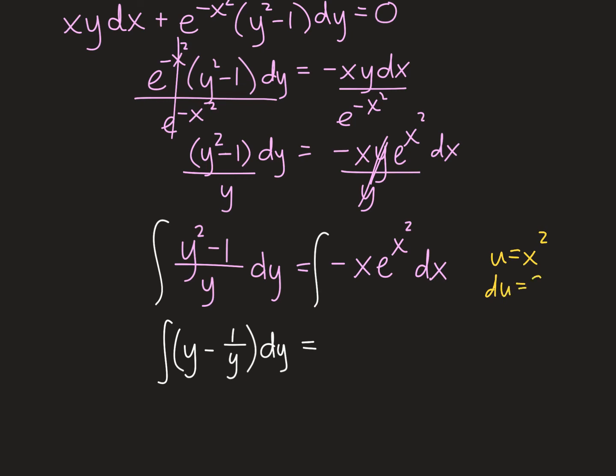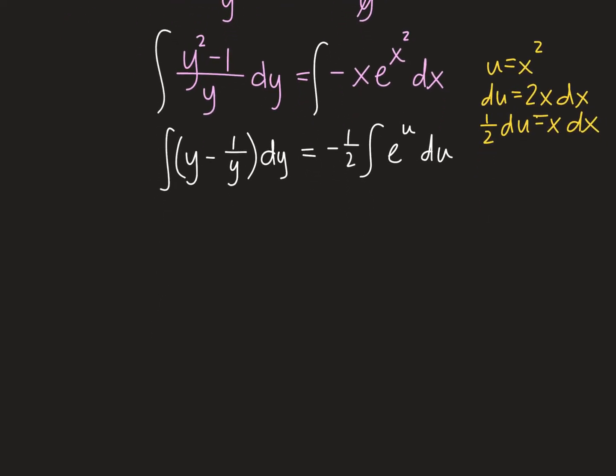Du would then be 2x dx, and so 1/2 du is that x dx that we have there. I'll just bring that negative out in front to alleviate that issue. So inside here I'll have e to the u, and then my x dx gets replaced with that 1/2 and then a du here. So it's not too bad of an integration here on either side.